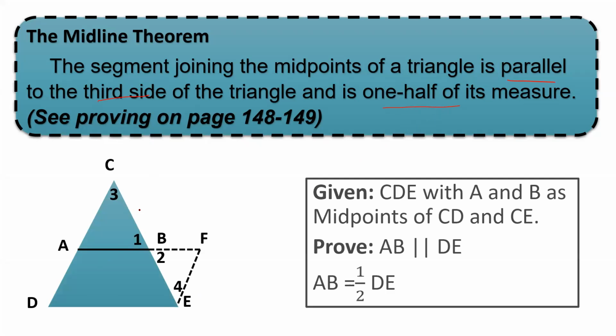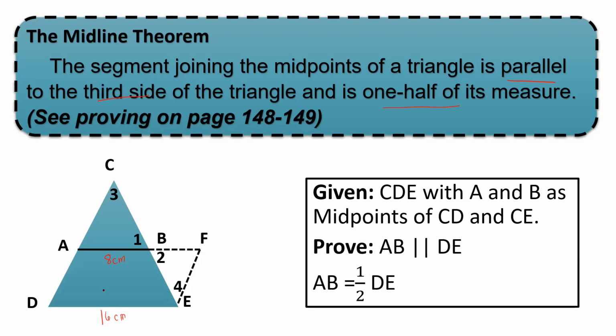This theorem states that segment AB and the third side DE are parallel. And we can say that the measurement of the midline, segment AB, is equal to half of the measurement of segment DE. So for example, if the measurement of the midline is 8 centimeters, to get the measurement of DE, just multiply 8 by 2. So 8 times 2, we have 16 centimeters.